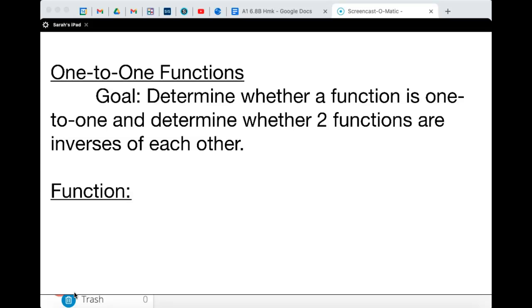Anybody recall what a function is? Okay. So a function has to pass the vertical line test. Yep. So that's a true statement.